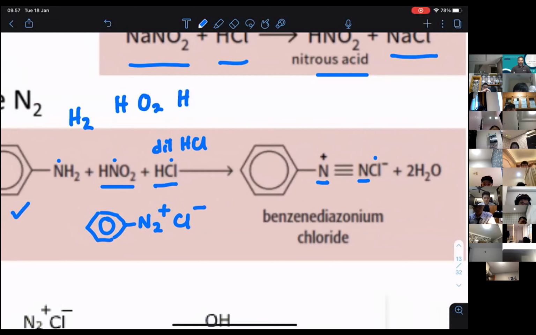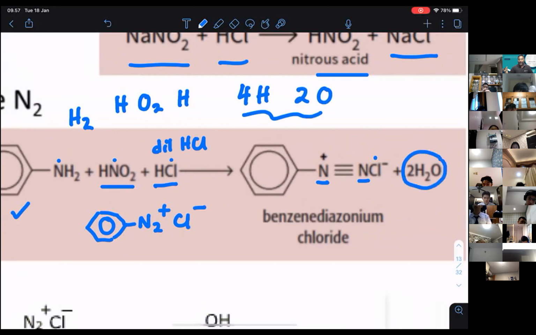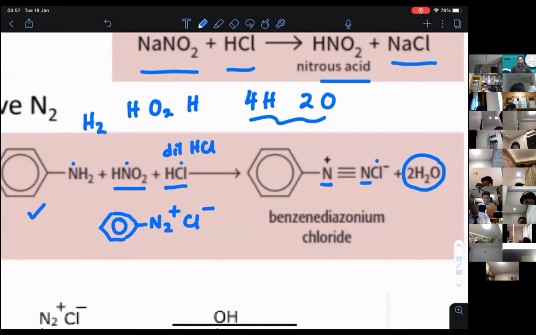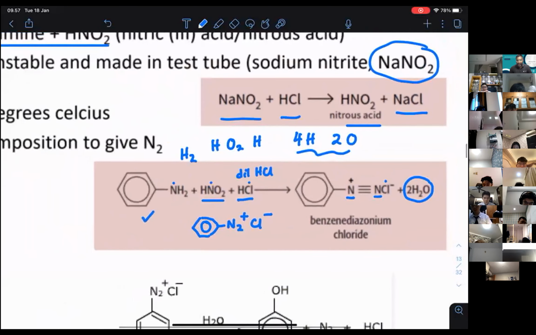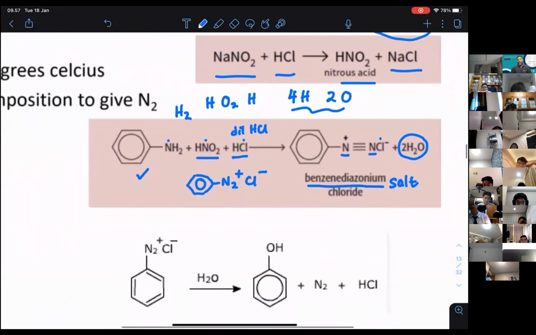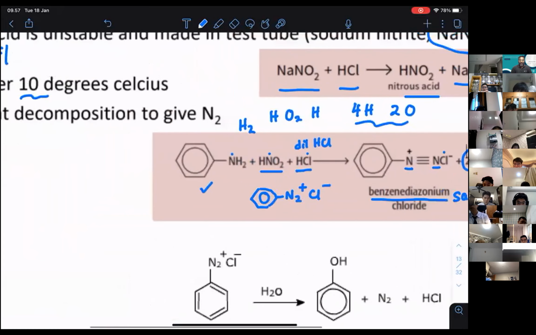So I have 4 H and 2 O, and I can join them to give you 2 H2O. Basically, you are going to get benzene diazonium chloride, or benzene diazonium salt. This is very important. You form the salt.